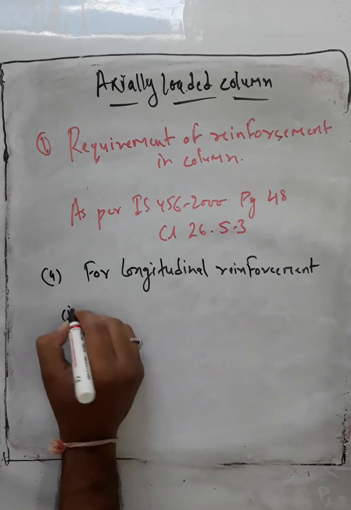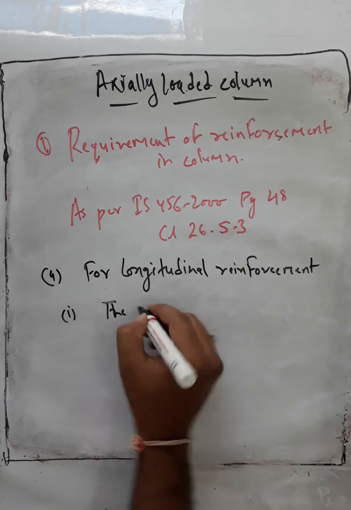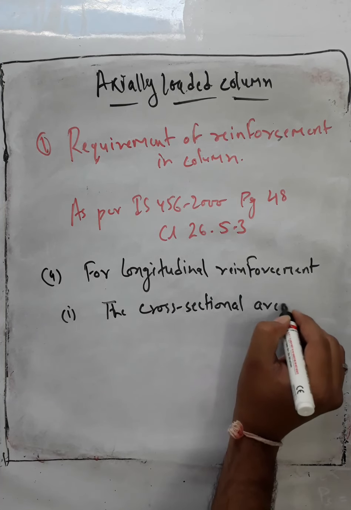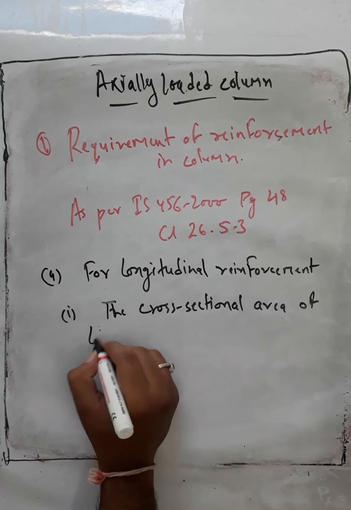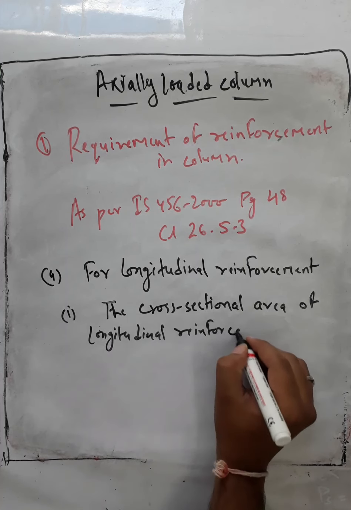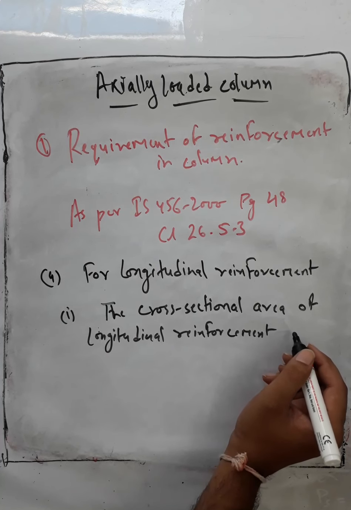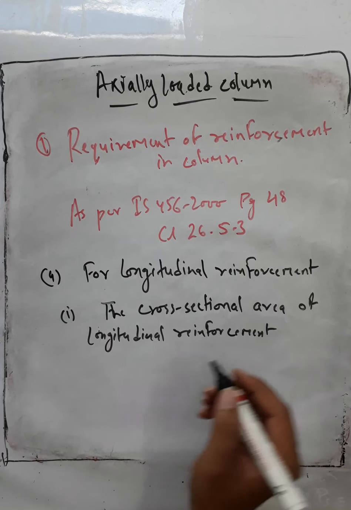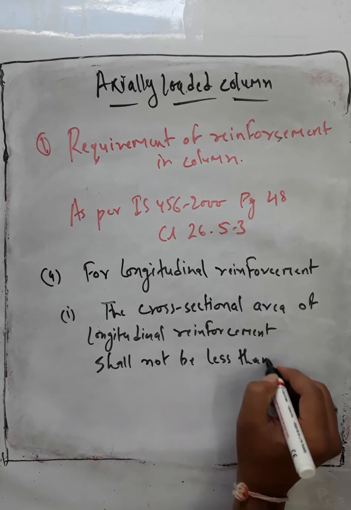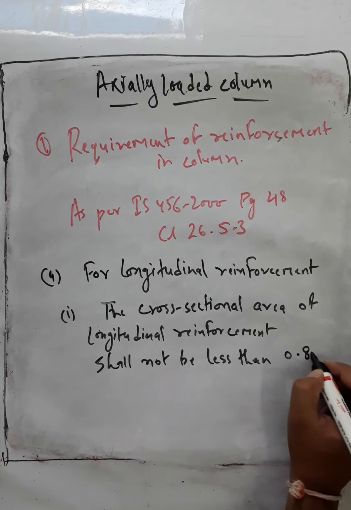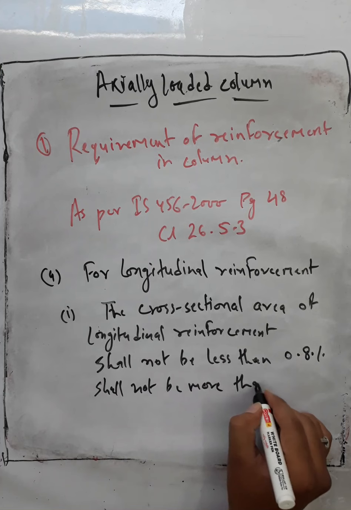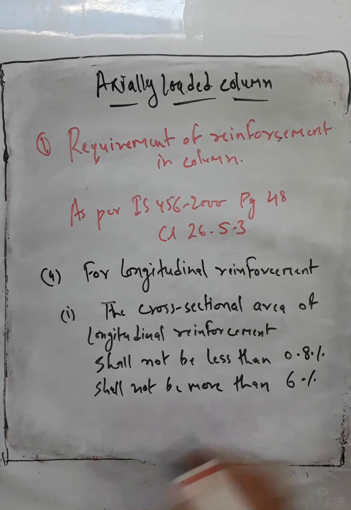The cross sectional area of longitudinal reinforcement shall not be less than 0.8% and shall not be more than 6%.